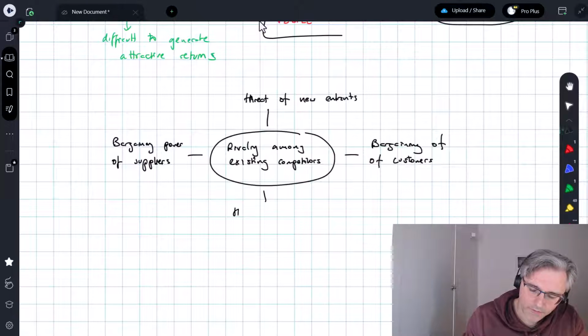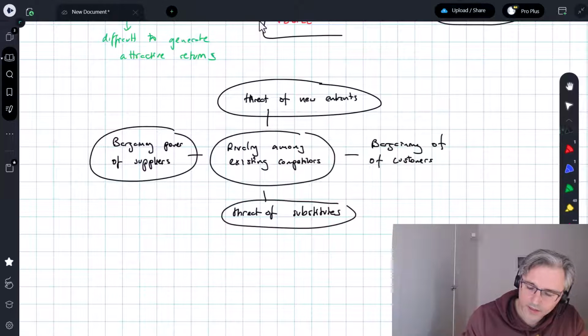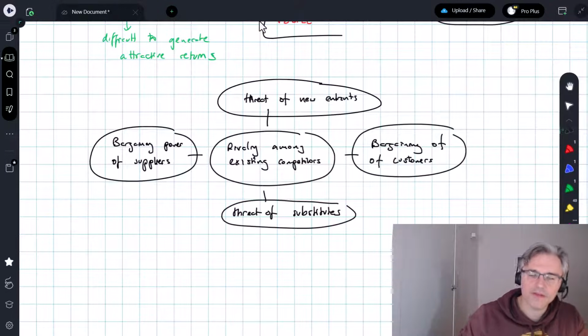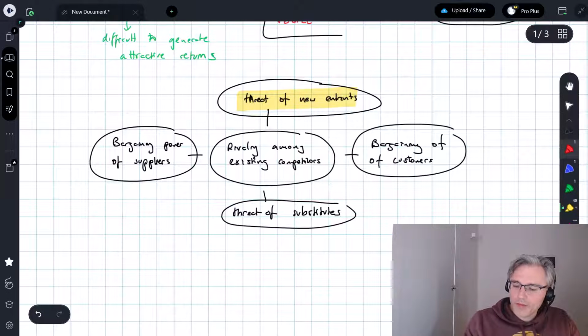And over here, threat of substitutes. But the order in which these are drawn is really of no importance. The actual headings are important, and you're supposed to know what's lurking behind each one.